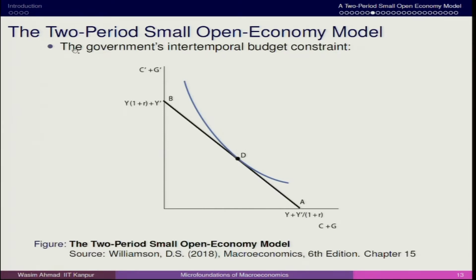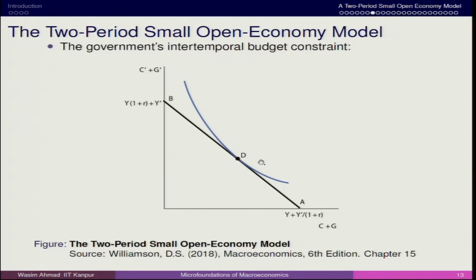The 2 period small economy model. If you think about the budget constraint, this is how it looks. As I mentioned, we will have two important axes: C plus G, and C' plus G'. Here you have Y into 1 plus r plus Y', and here you have Y plus Y' upon 1 plus r.